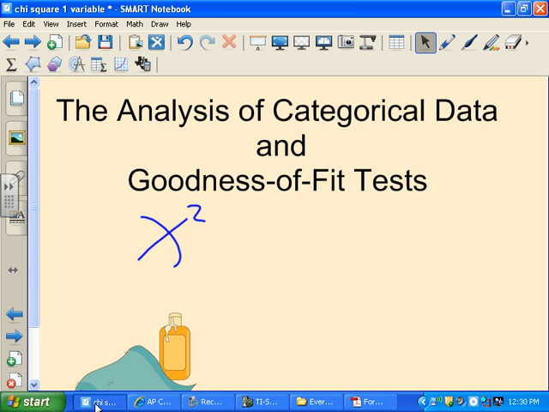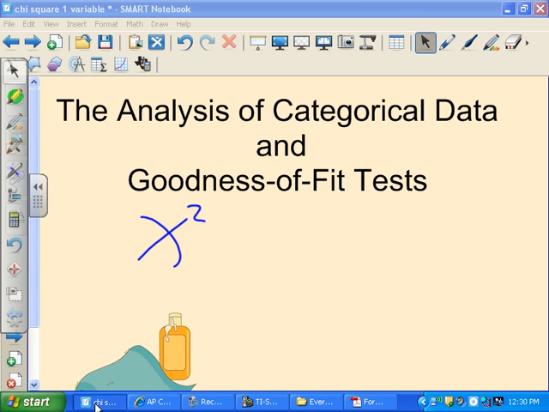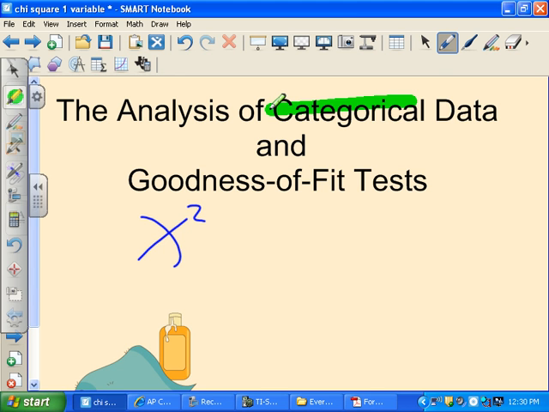Mr. Wood, what does a chi-square statistic do? Why are we talking about this? What's the significance? Well, we are now going to re-talk about categorical data. Everything we've done up to this point in regards to inference has been about numerical data.